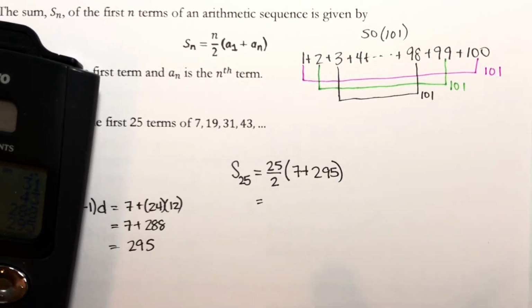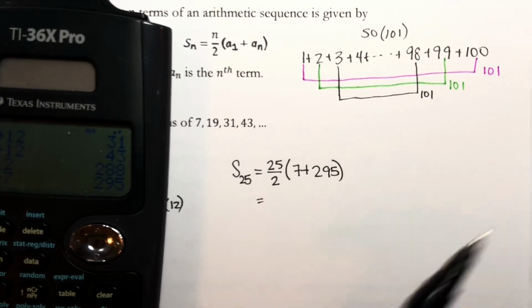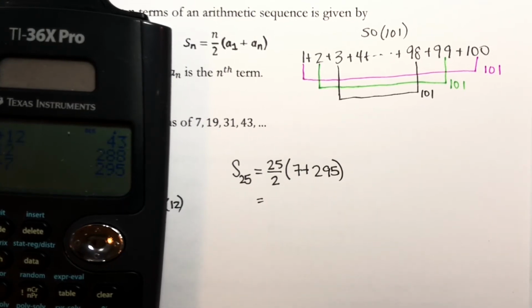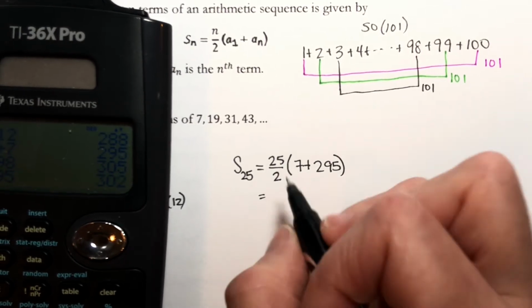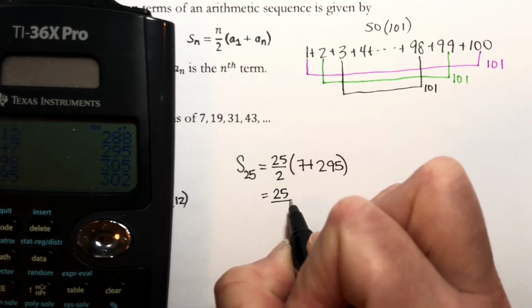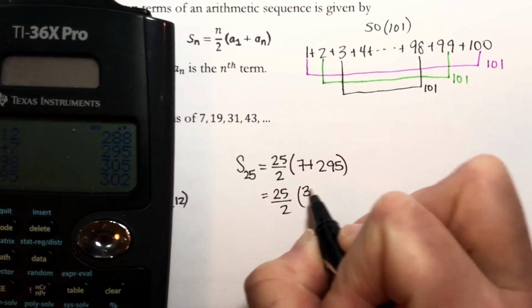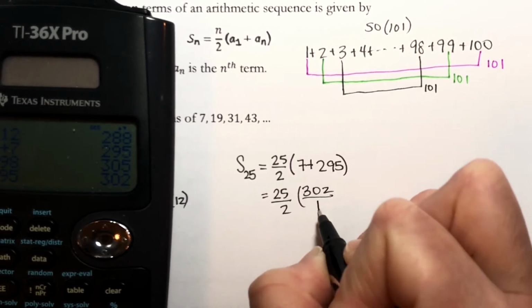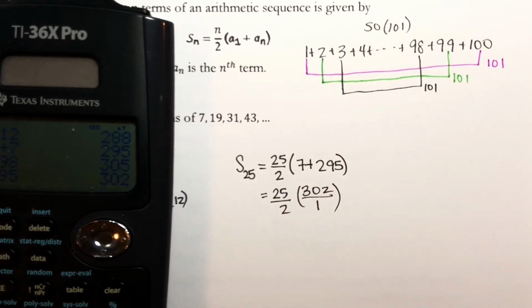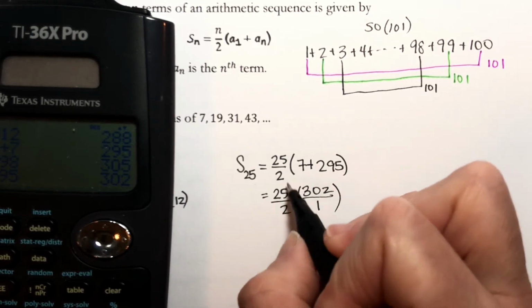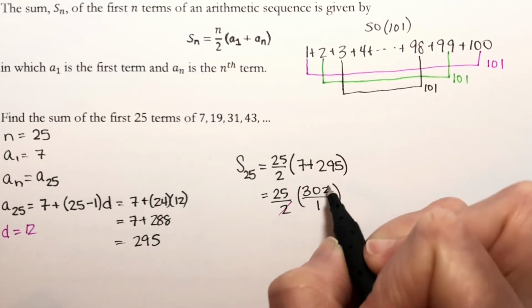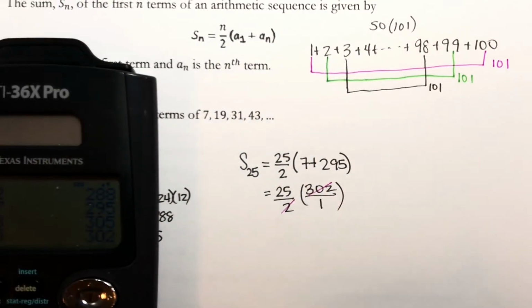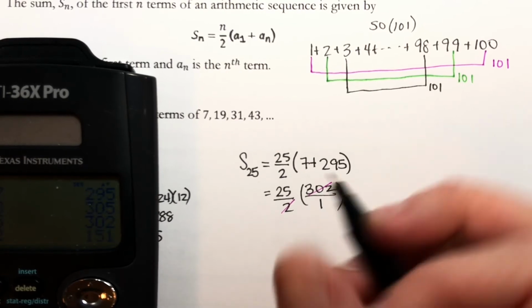So I'm going to add 7 plus 295, which gives 302. If you think of 302 over 1, like I said, this should always cancel out. Either this divides out evenly, or you're going to be able to cancel right here. I can divide both by 2, and I get 151.